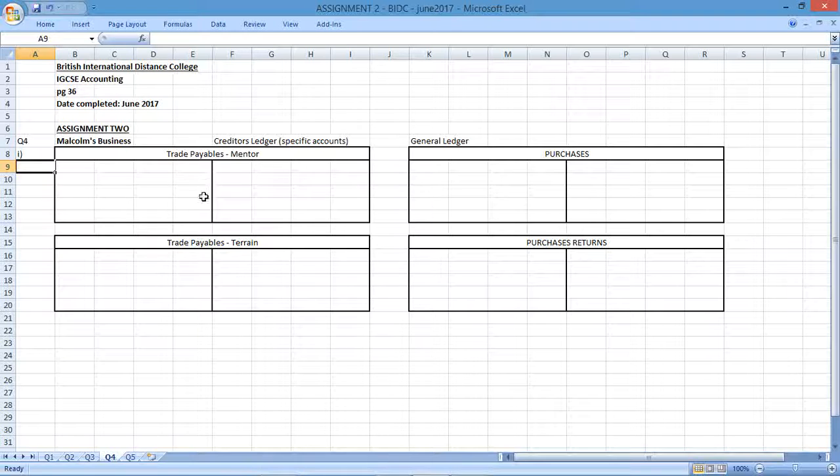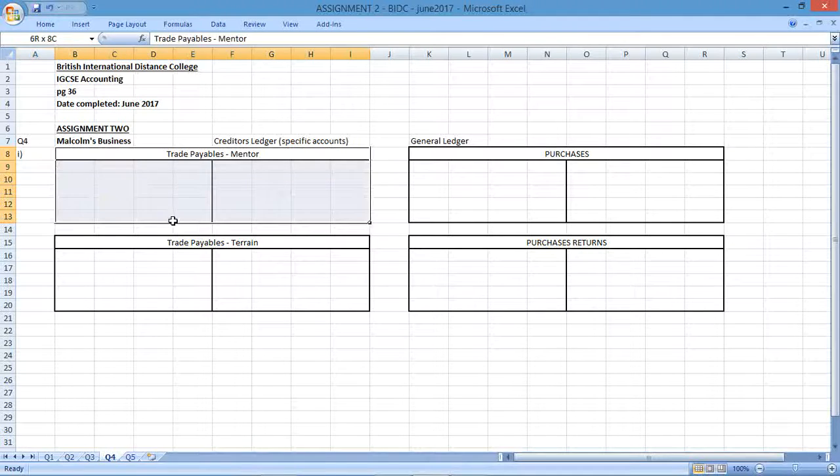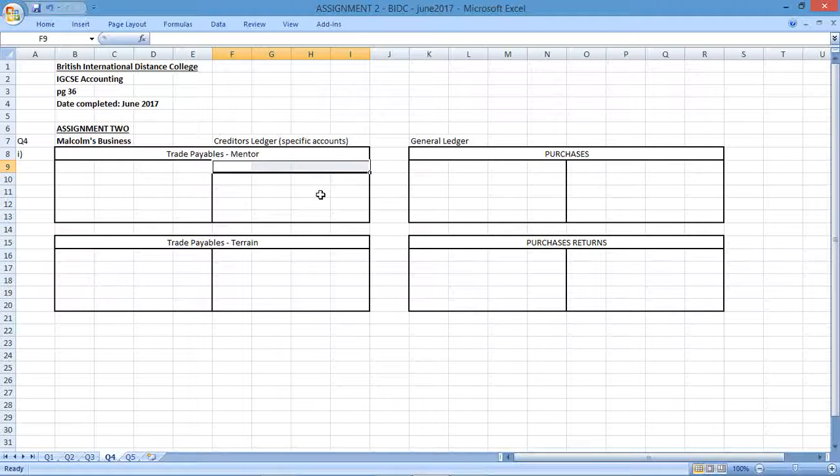So trade payables is a liability. When goods are sold, that'll be a debtor. When goods are bought, that'll be a creditor. So we know this is a liability. We're going to have a credit then. And the goods that were bought had a trade discount of 70. So when I record, I do not record trade discounts because that's a reduction in the selling price.